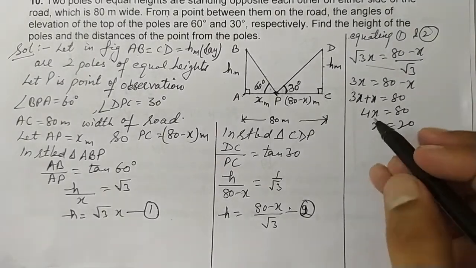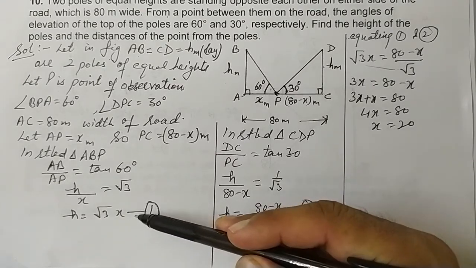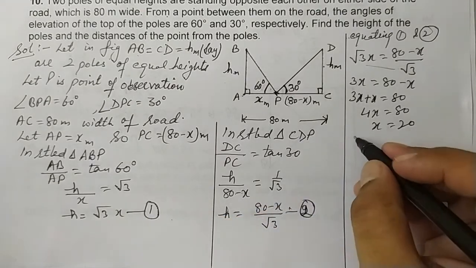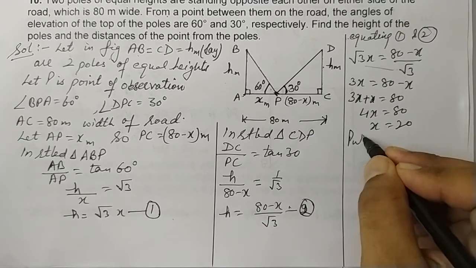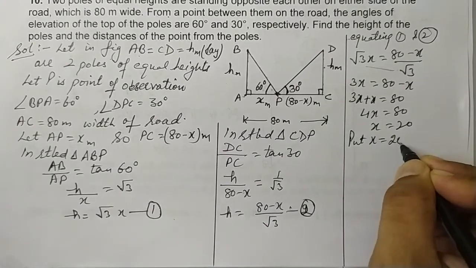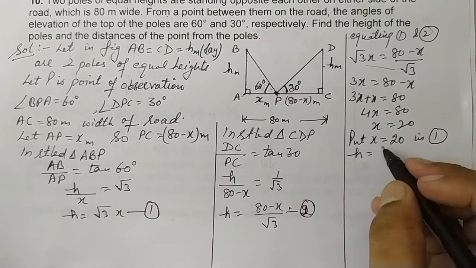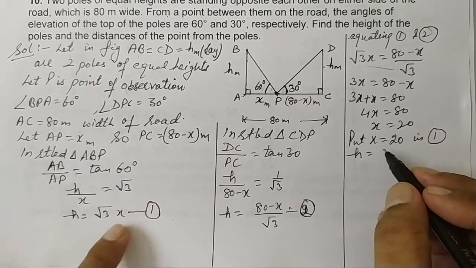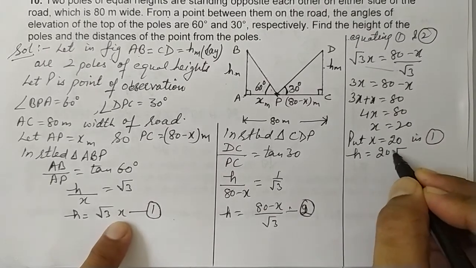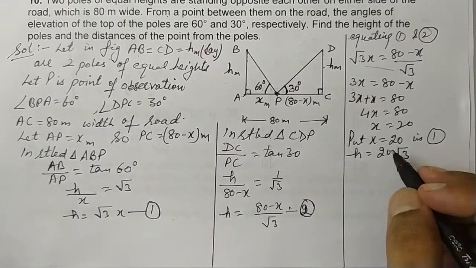We'll fill the value of x in equation 1 to get the value of h also. Putting x is equal to 20 in 1, h is equal to root 3 into x, and x is 20, so it becomes 20 root 3. The value of h is 20 root 3.